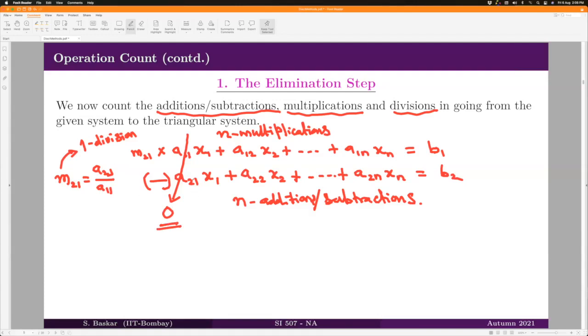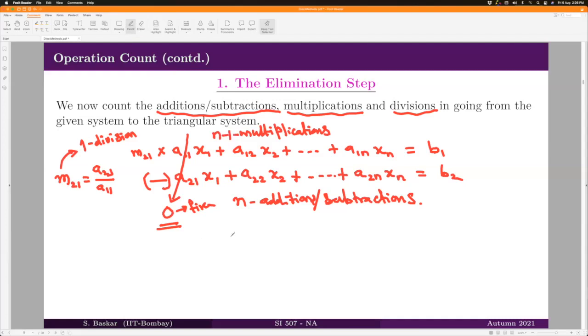Therefore, don't ask your computer to make this calculation because it may make some error and unnecessarily put you into problem. So you just assign this term as 0 by yourself and don't ask your computer to do this computation. And therefore, your number of multiplications is reduced to n minus 1 only.